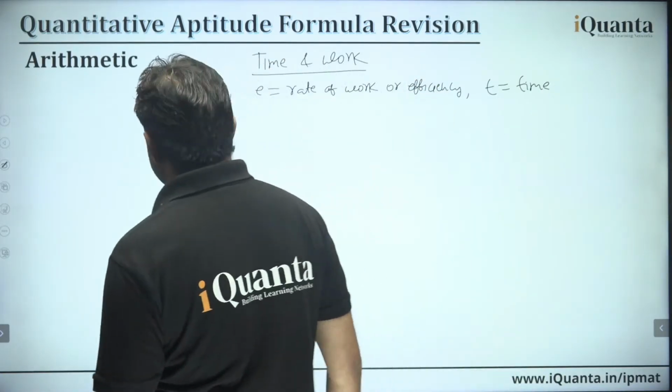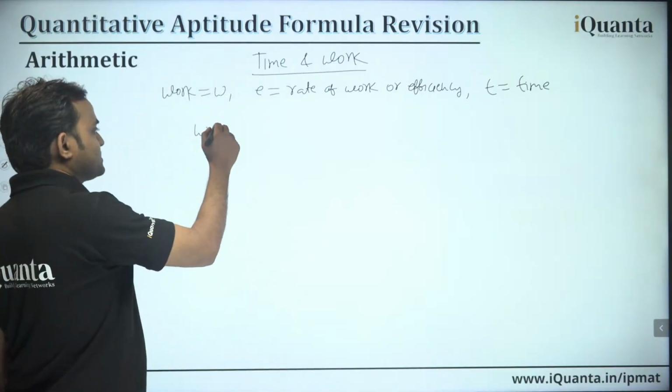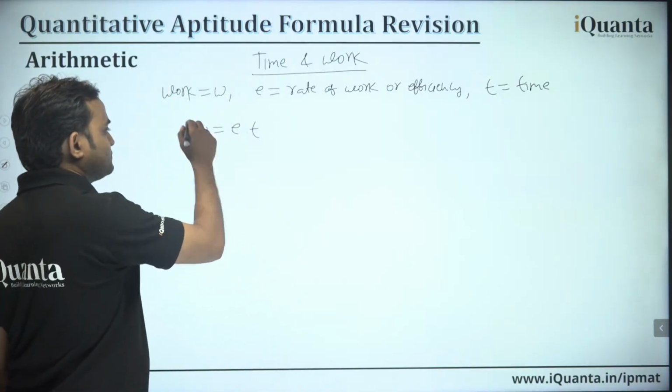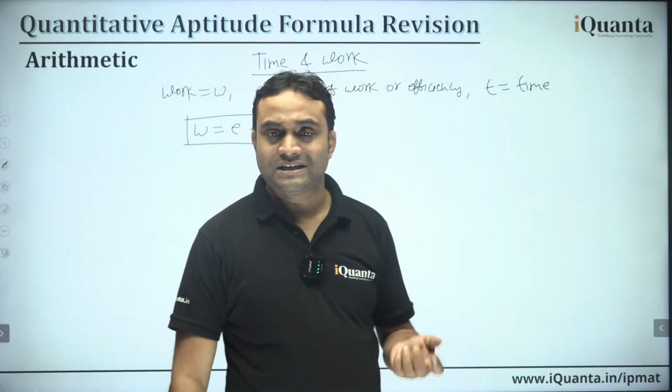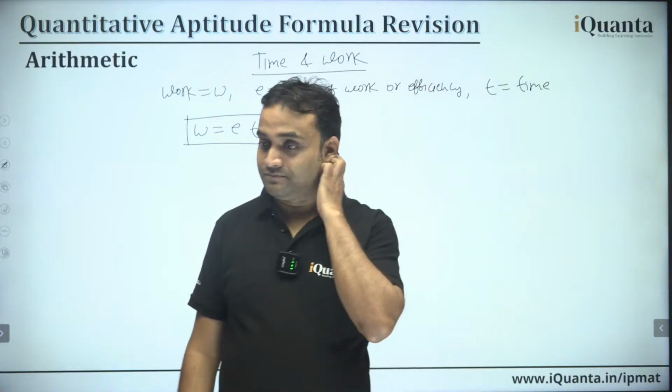Then what can we say? That W is equal to E into T. Total work is equal to E into T, efficiency, rate of work into time.